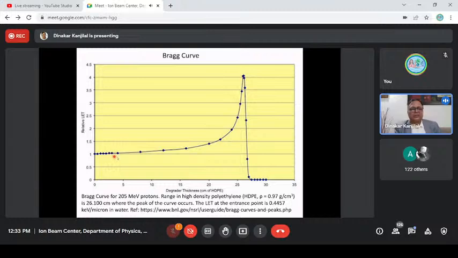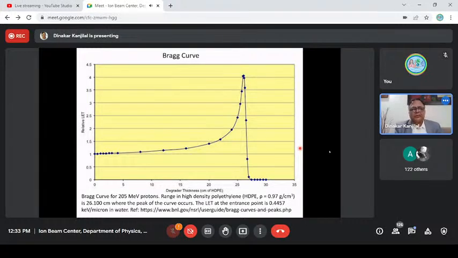A typical 205 MeV proton was used for some cancer therapy. The tumor was at a depth of around 26, 27 centimeters, a 1 centimeter tumor. So for that it is a typical calculation. At Brookhaven National Lab you can see the details. But you can calculate this sitting anywhere in your home on a simple laptop.